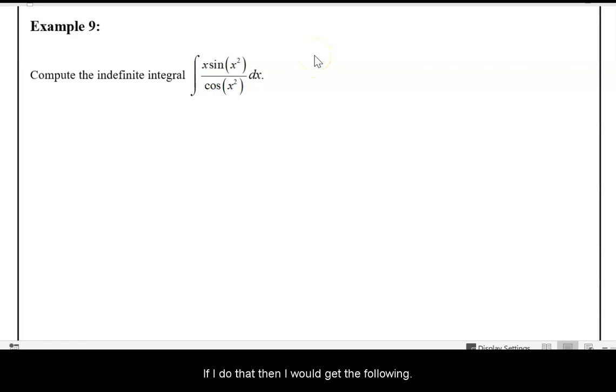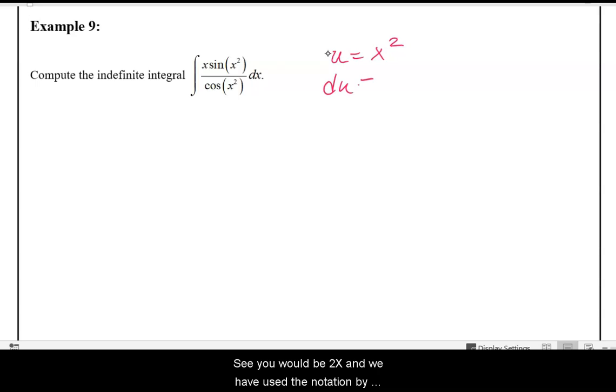If I do that, then I would get the following. I would have u equal to x squared. du would be 2x, and we abuse the notation by swinging the differential dx around so we can solve for du.